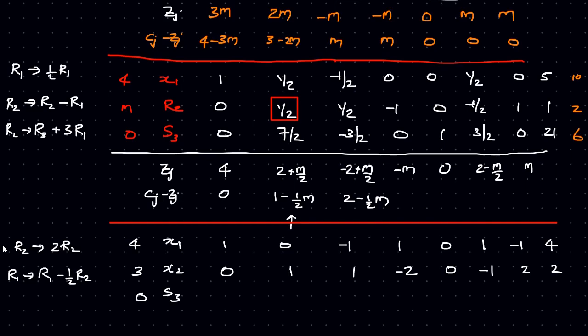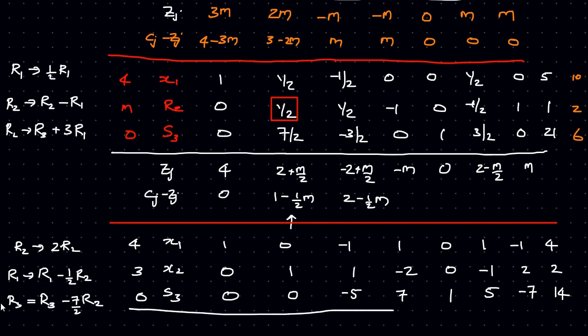And for s3 we had 7 by 2 over here, so in order to get a 0 over there, row number 3 changes as r3 minus 7 by 2 r2. Once we do that we get 0 over here, then this should be 0, and we get minus 5 over here, 7 1 5, minus 7 and 14. So this is what we get, hopefully, if I have not made any calculation mistakes.